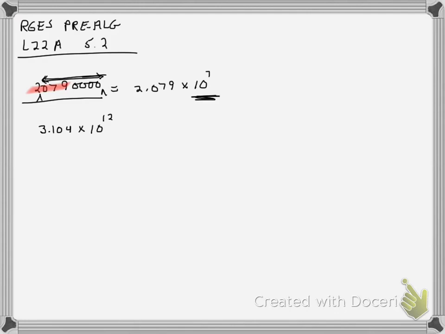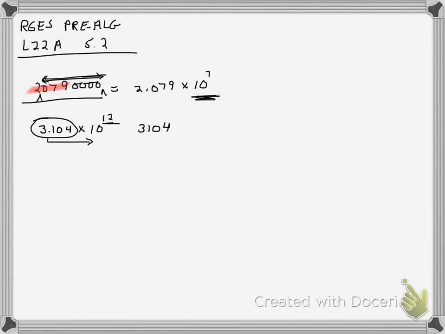Now, if we're going in reverse, if the exponent is positive, we move our decimal point to the right because it represents a large number. So we write all the digits we see in the number portion, 3104.